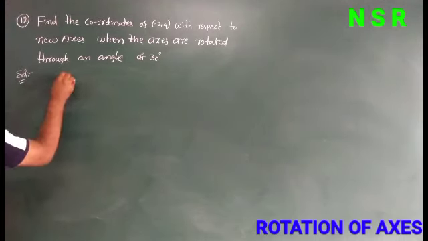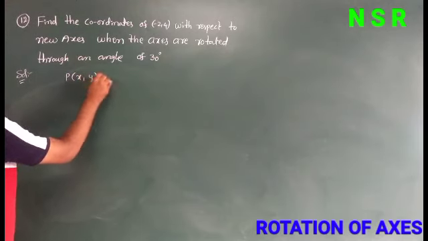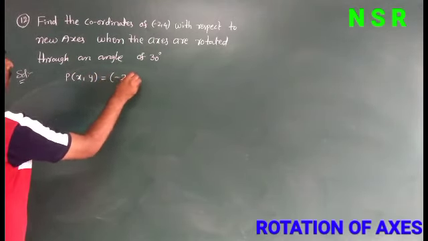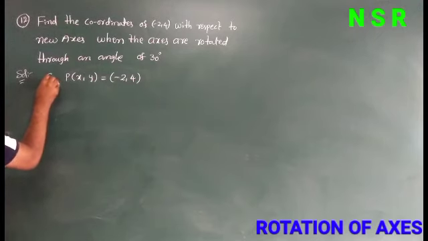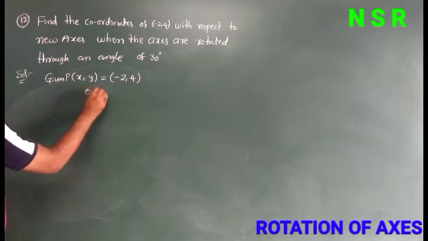Here the given point P(x, y) is (−2, 4) and the theta value is 30 degrees.